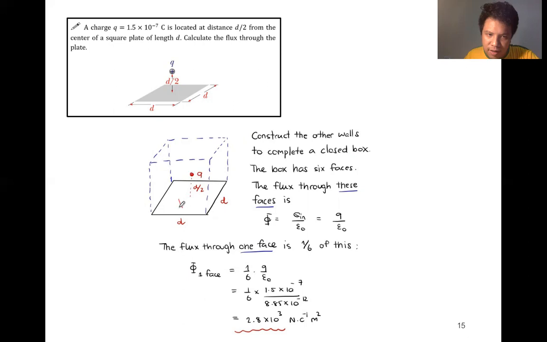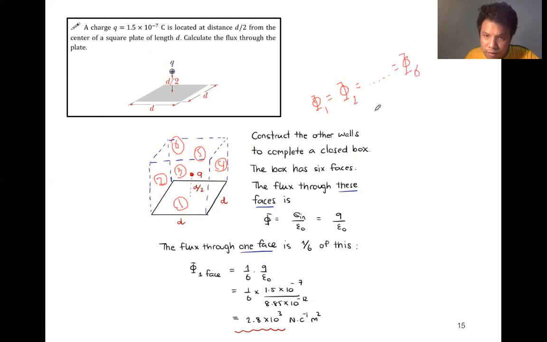So if I say that this is area 1, this is area 2, 3, 4, 5, and 6 at the top, I can say that the flux through area 1 is equal to the flux through area 2, and is equal to 3, 4, 5, and 6.